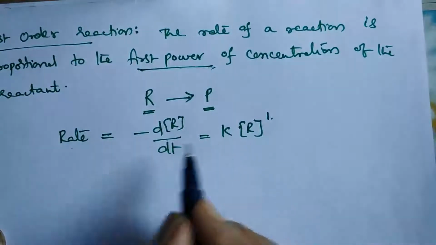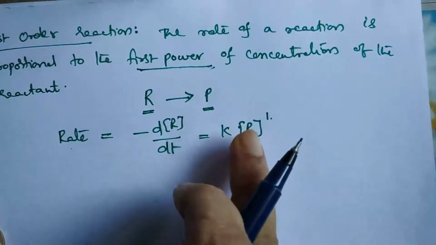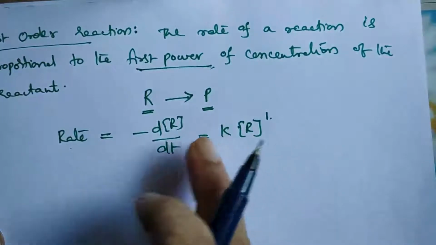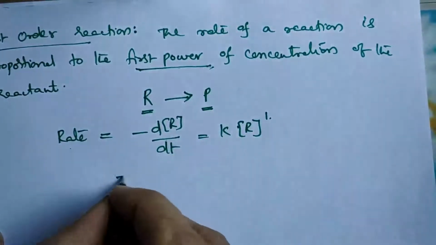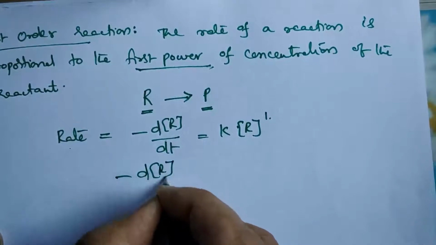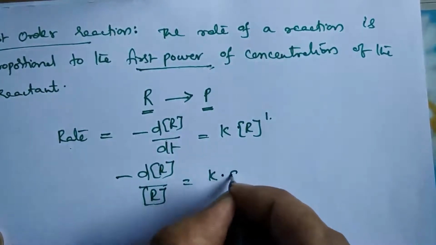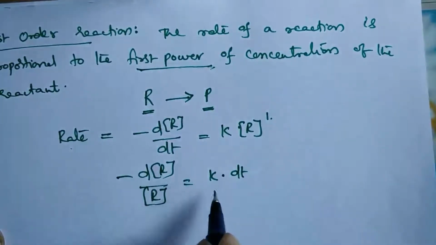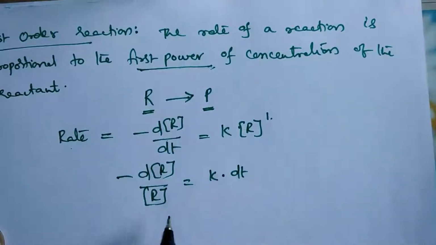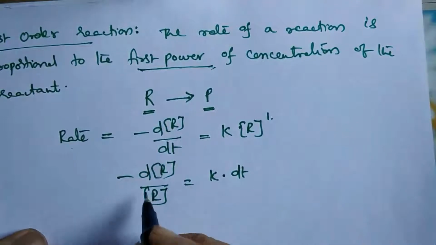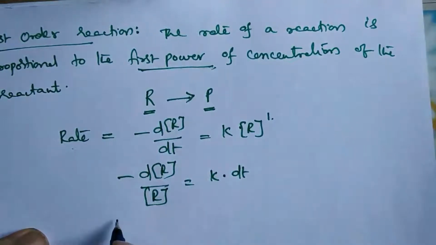We will rearrange both R factors to one side and the dt factor to the other side. So minus dR by R is equal to k into dt. So we will integrate this equation on both sides.